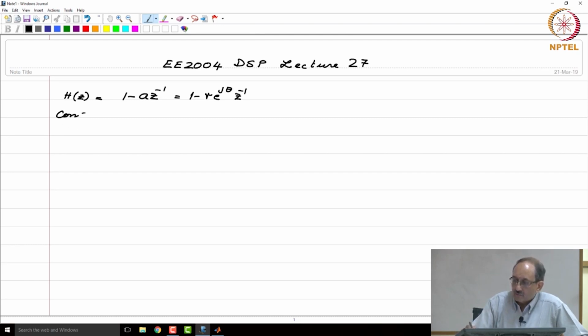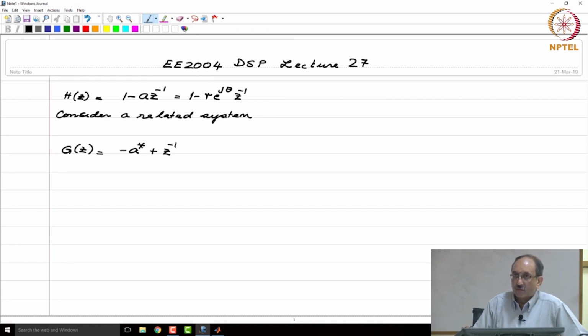So, consider a related system, let us call this g of z, and this is minus a star plus z inverse.